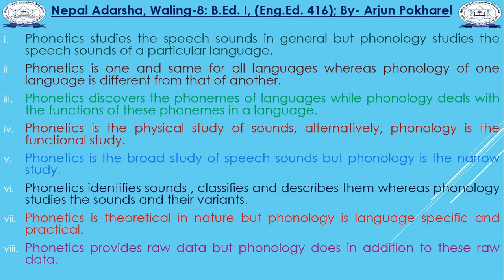If ka comes initially before a vowel, then it is aspirated, and that aspiration is known as the allophone. The allophones are identified by phonology. What is phone? What is phoneme? What is phonology? These are identified by phonology.